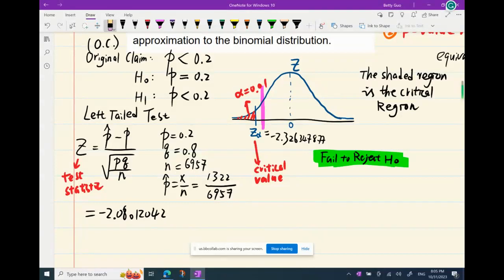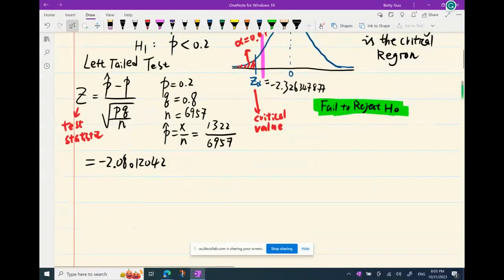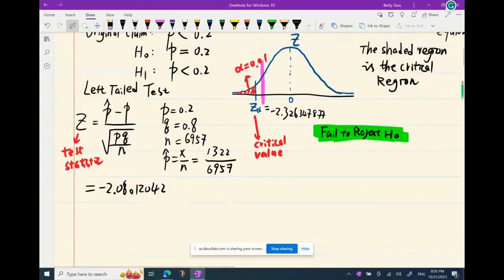The second method is the p-value method. What do we do with the p-value method? First, let me write the z. So this is z, the purple line here. Z equals -2.0801242. How do we manually compute the p-value?